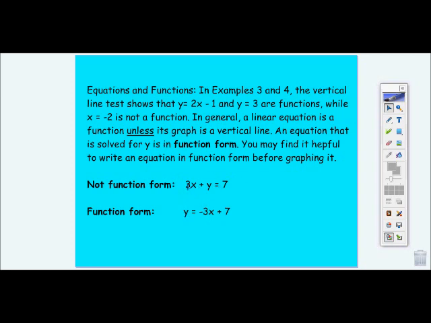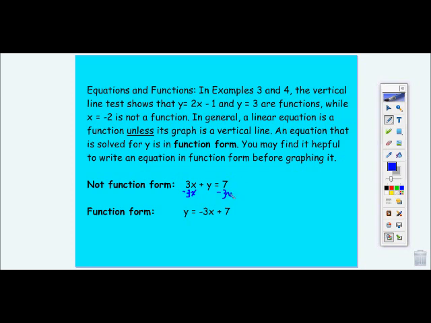Now, we started out with the equation 3x plus y equals 7. What we need to do, and I'm going to use my finger writing again here, is make sure that y is by itself or isolated, or we're solving for y. So we want that by itself, so we want to first of all go ahead and combine 3x with its opposite, -3x. If we do that on that side, we have to do on this side, balanced equation.